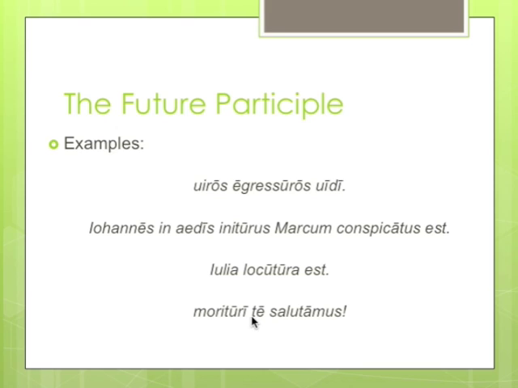And it is nominative masculine plural here because it's agreeing with the implied subject in salutamus, the we. So this literally means we, about to die or going to die, greet you. This is a line that supposedly was said by gladiators who were going into a to-the-death fight to Claudius Caesar.